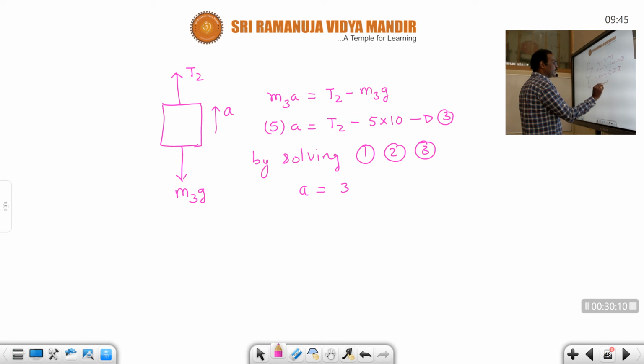Acceleration A is equal to 3.6 meter per second square.